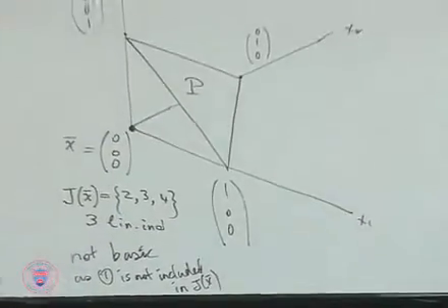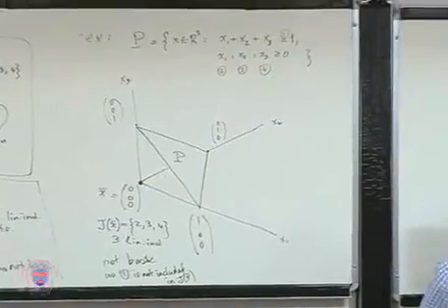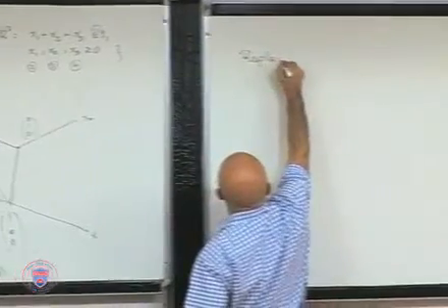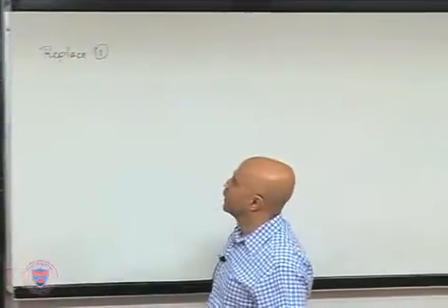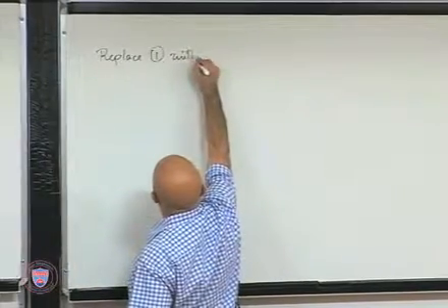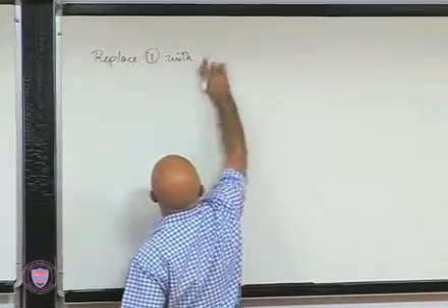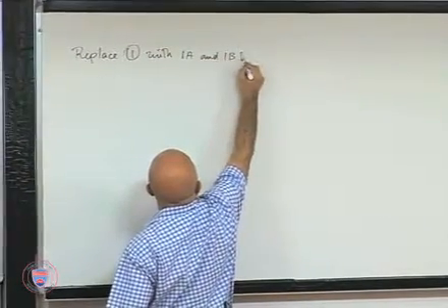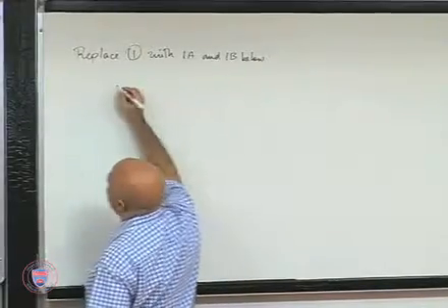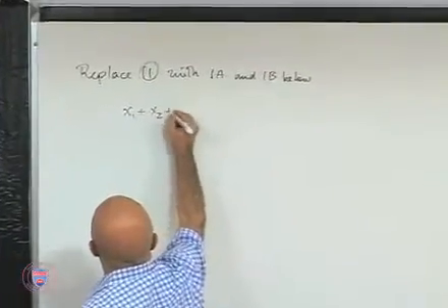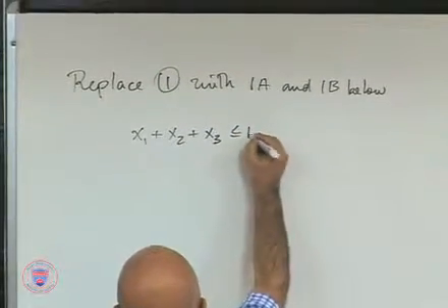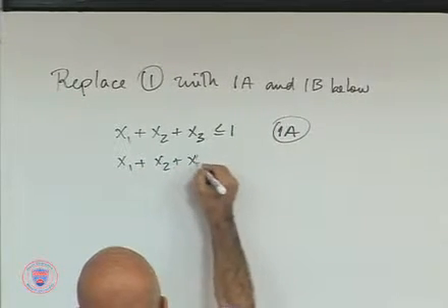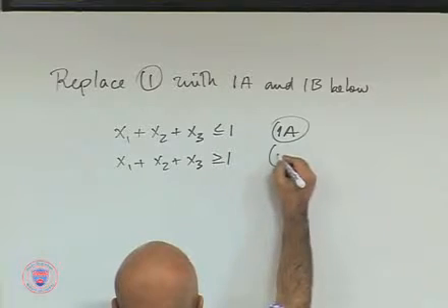Okay? Now let me do the following. Replace the first constraint, number 1, with 1a and 1b, where 1a is x1 plus x2 plus x3 is less than or equal to 1, and the other one is the same thing, greater than or equal to 1.